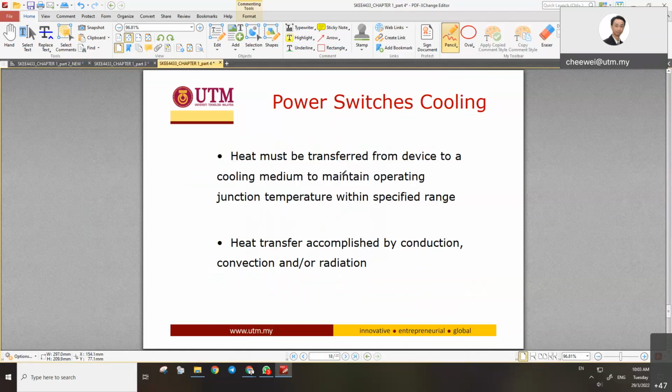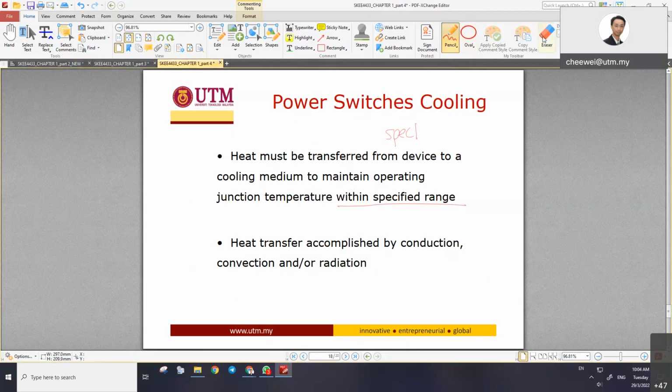Heat must be transferred from the device to the cooling medium to maintain the operating junction temperature within the specified range. Yes, if you still remember, all the products that we have in the world have their own rated conditions or rated specifications.